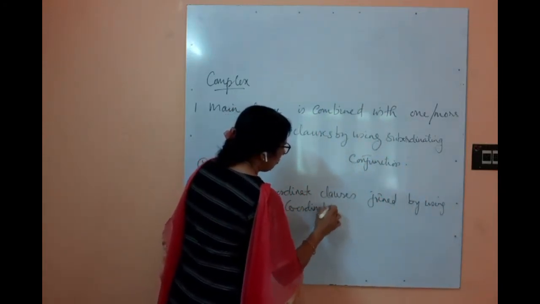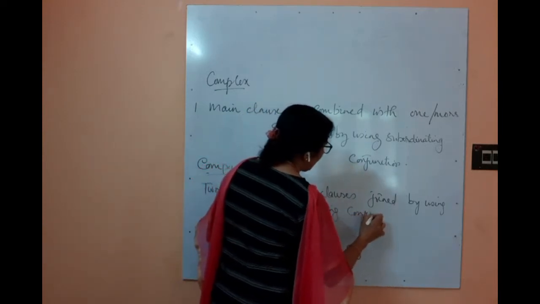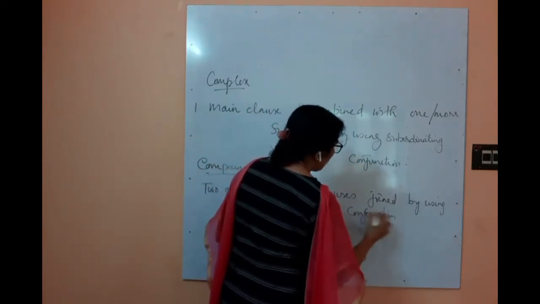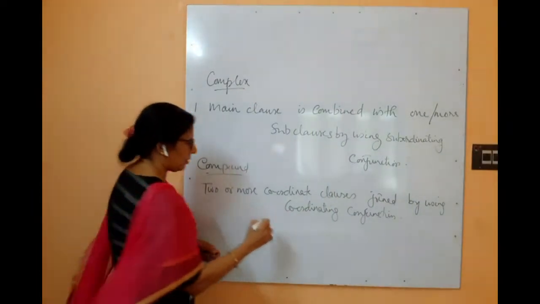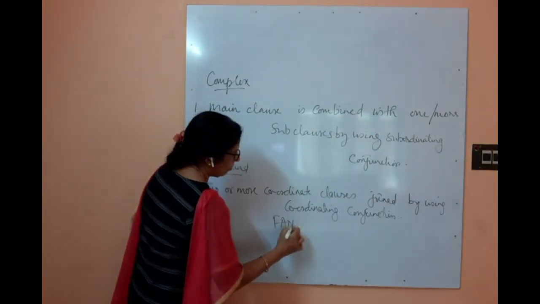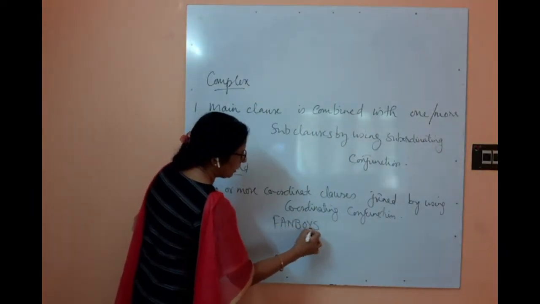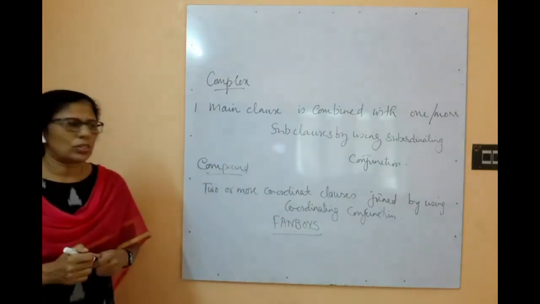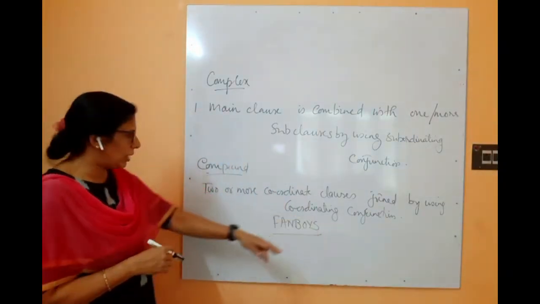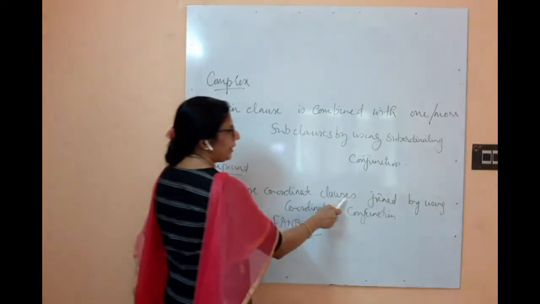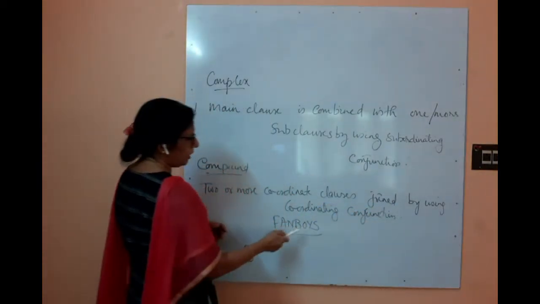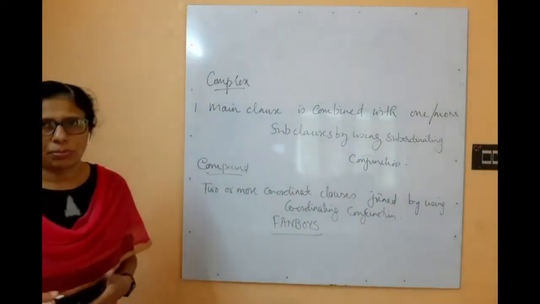Sorry, not complex, compound. I hope that all of you remember coordinating conjunctions. When we say that, the first thing that should come to your mind is FANBOYS. Mainly we use FANBOYS. Other than that, some other conjunctions will also come under coordinating conjunctions. So two or more coordinate clauses joined by using a coordinating conjunction form a compound sentence.